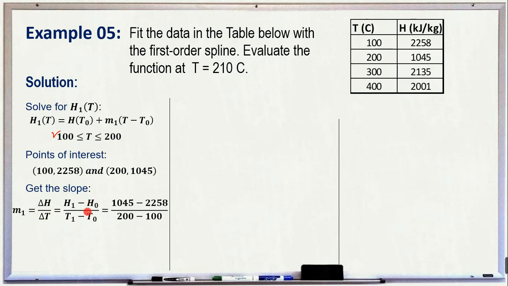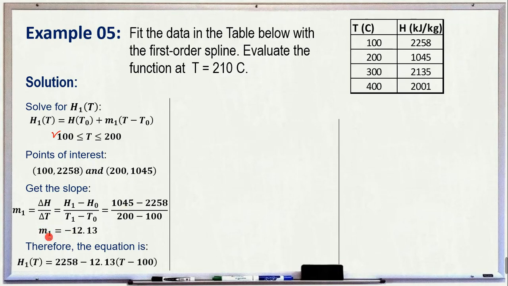The next step is you're going to substitute the values for the enthalpies and the temperatures. And then if you input these values in your calculator, you will arrive at the slope of your first line, which is equal to negative 12.13. Therefore, if you substitute the values of your slope as well as the enthalpies and the temperature, you will arrive at an equation for your first line equal to 2258 minus 12.13 times t minus 100.